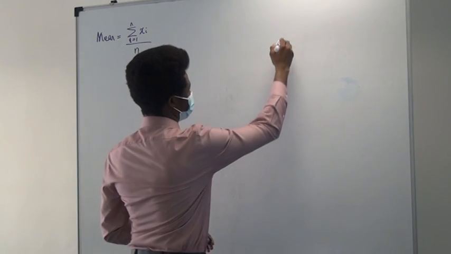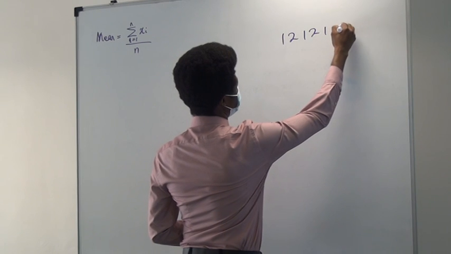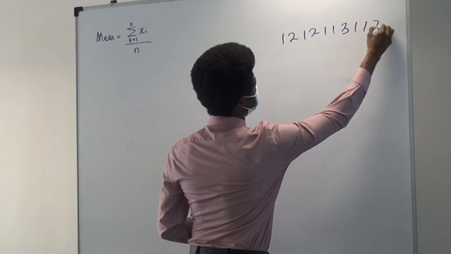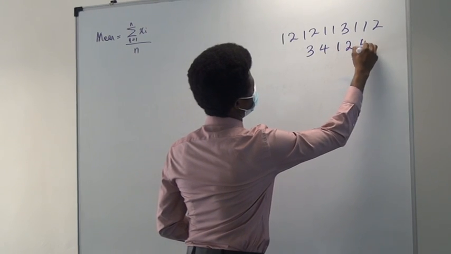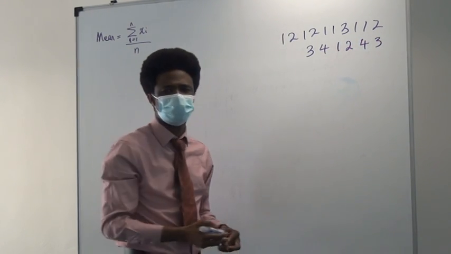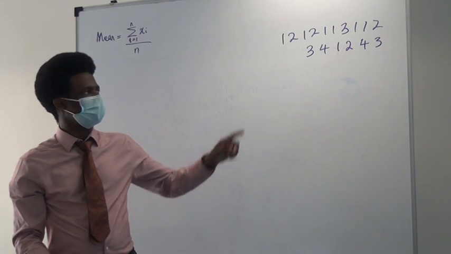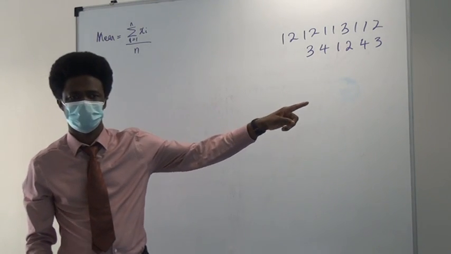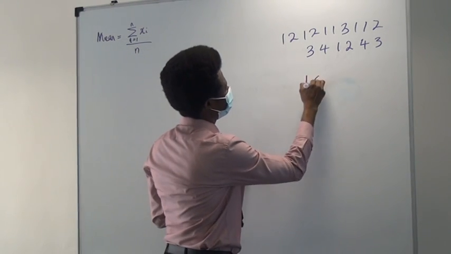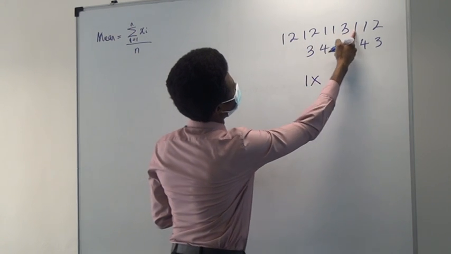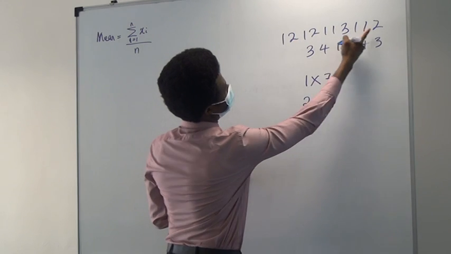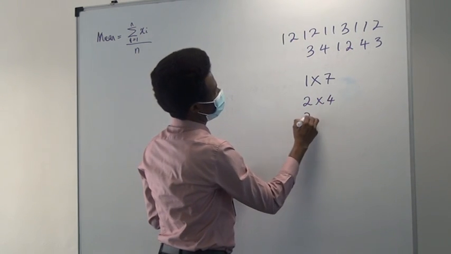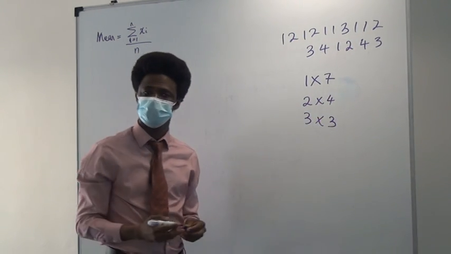For example, if I'm going to put 1, 2, 1, 2, 1, 1, 3, 1, 1, 2, 3, 4, 1, 2, 4, 3, there's no point adding this one by one. I could see that 1 appears 7 times, 2 appears 4 times, 3 appears 3 times.